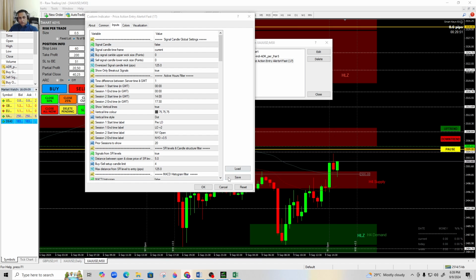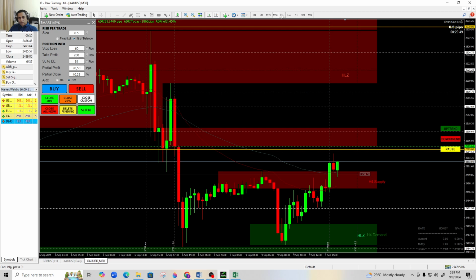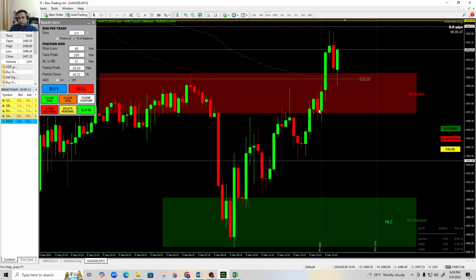So when the New York candle opens, basically, when the first M15 candle opens, which is this, it should be right at that line. So whatever that time is in your city, where you live, this should be the first 15-minute candle at New York Open.